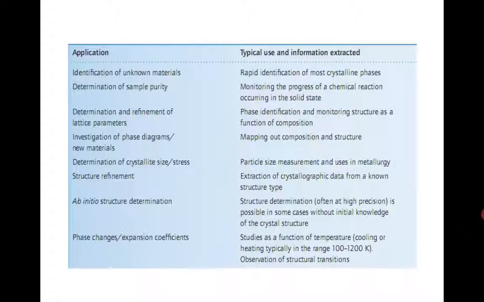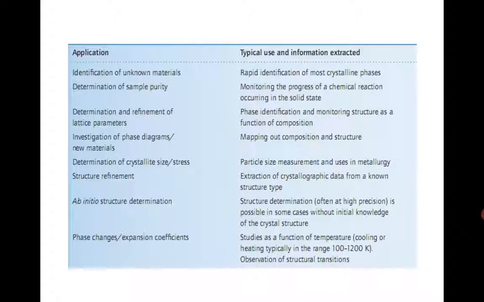Although large single crystals are typically not immediately obtainable, microcrystallites sufficient for powder diffraction may be readily available. Powder diffraction is therefore one of the most powerful methods to identify and characterize new materials in these fields.